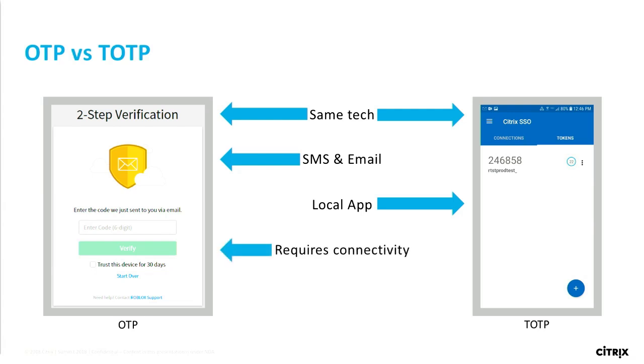The reason why one could be better than the other is OTP requires connectivity. You have to have connectivity, either mobile connectivity through the cell phones, or you have to have access to your email to be able to get that code that they sent you. Whereas the TOTP, it's completely offline. It'll work whether you're on airplane mode or not, whether you have a Wi-Fi connection or not, it'll always work, just because it's a local application using a local key that you've installed as part of the token registration process.